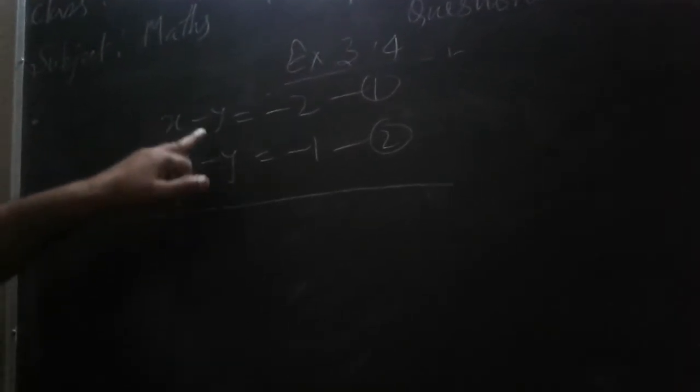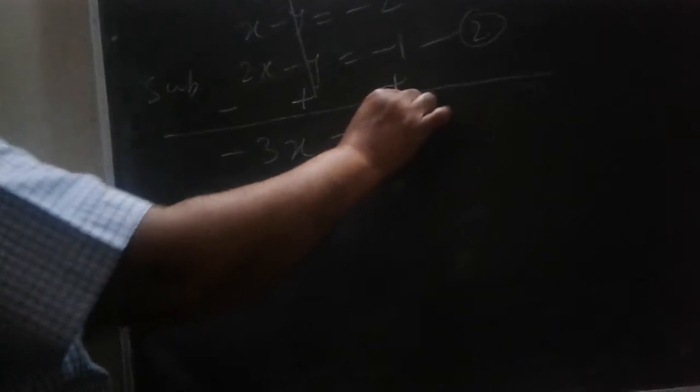So here we are eliminating y, and we see that y has the same coefficient in both, so there is no need to multiply equation 1 and equation 2. Both have the same sign, and I taught you that in the case of the same sign we subtract, and in subtraction the sign will be changed.